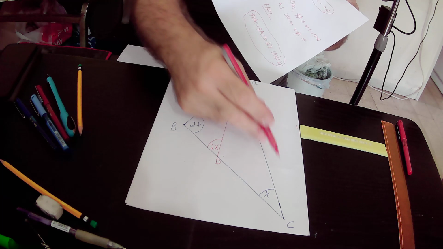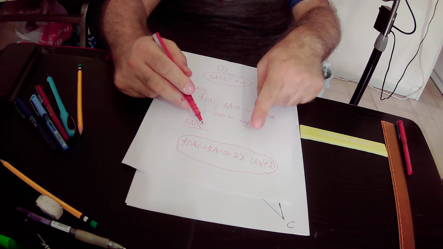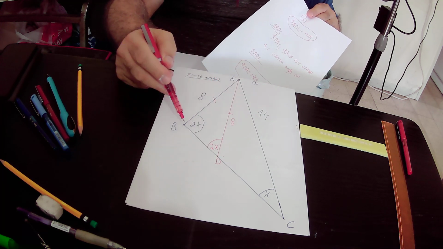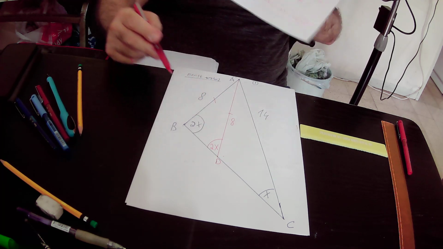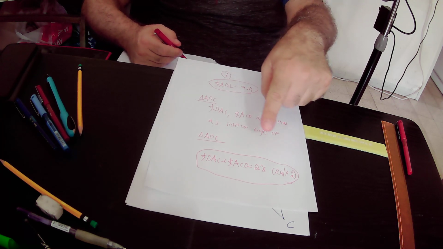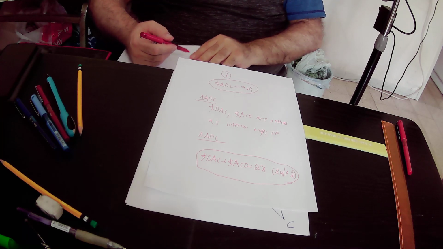This angle plus this angle will be equal to the exterior angle ADB, which equals 2x. So angle DAC plus angle ACD equals 2x according to rule number 2.